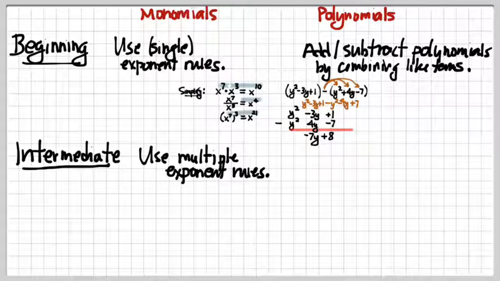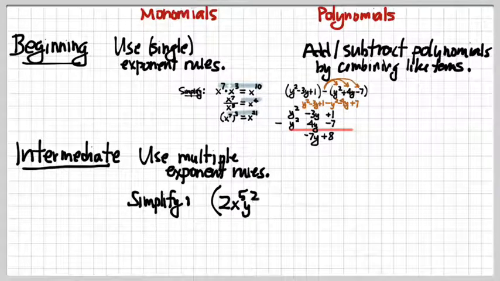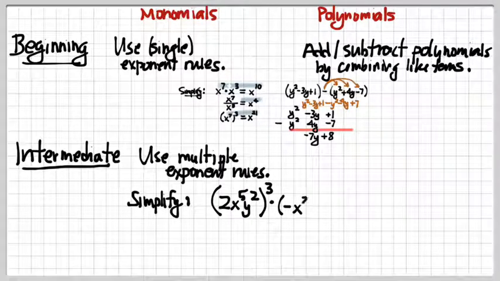So more than one in a single problem. An example of that might be to simplify the expression 2x to the 5th y squared quantity to the power 3, and then multiply that by minus x squared y to the power minus 2.